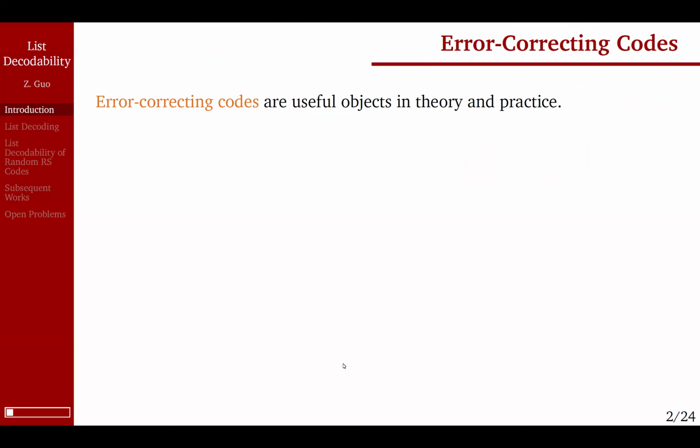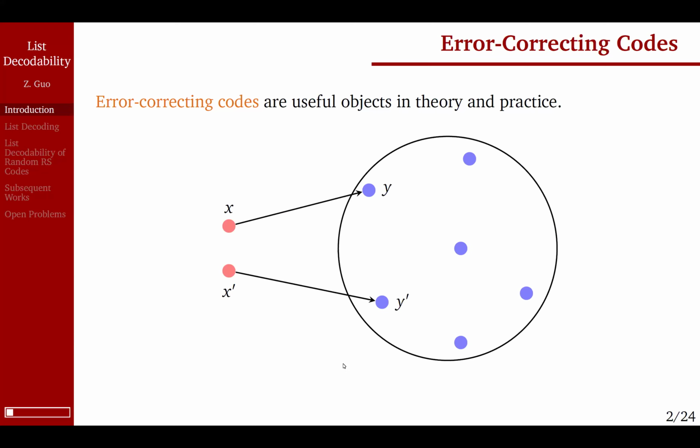Okay, so this talk is about error-correcting codes, which are useful mathematical objects, both in theory and in communication, data storage, and so on. The idea is that we want to communicate some messages, but in our world, there's noise, so you don't exactly get what you want to send.